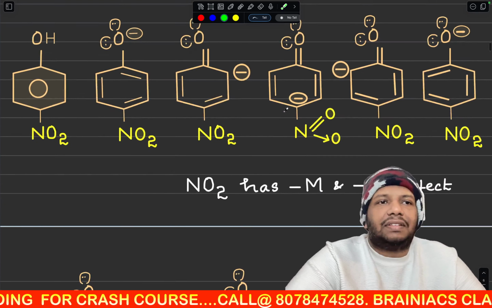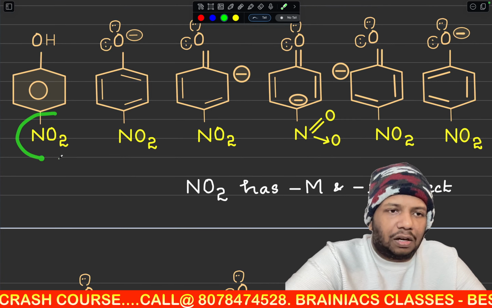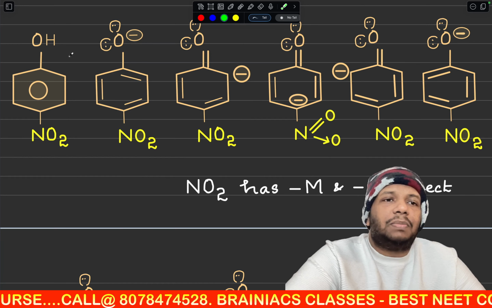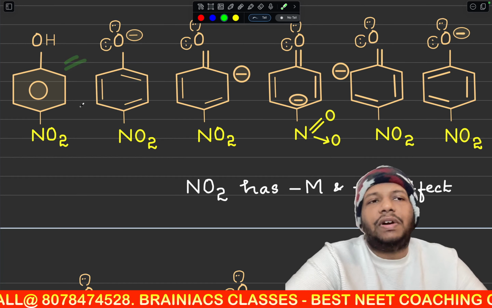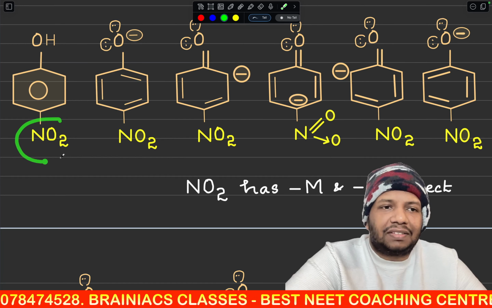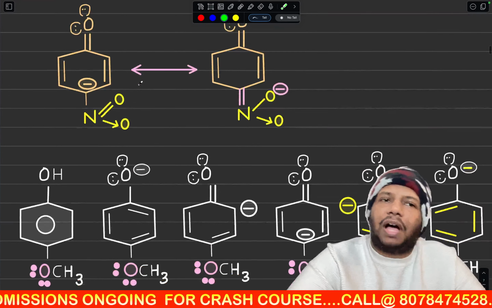So that's the reason when the nitro group is connected, this becomes a very good acid, because it has both minus I and minus M effect, and because of that it is giving extra stability. You can see that extra resonating structure because of NO2. Okay, understood? So I can say this is a very good acid compared to the other two.